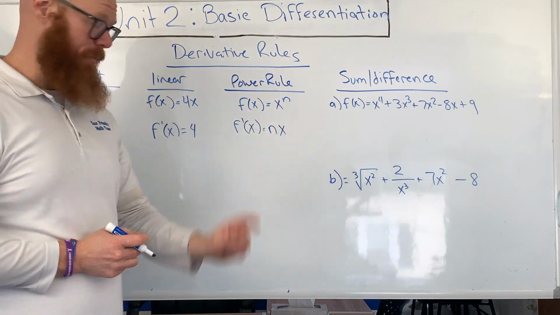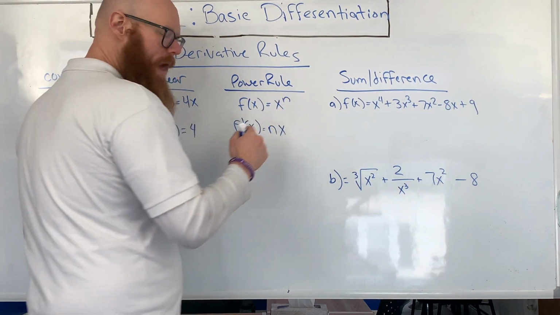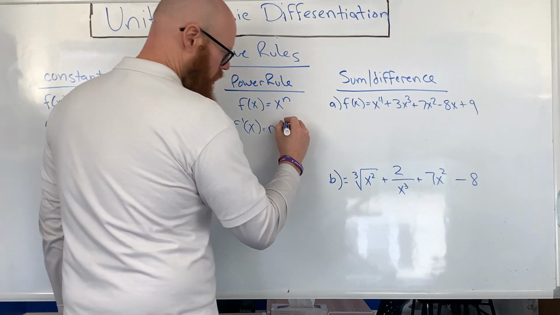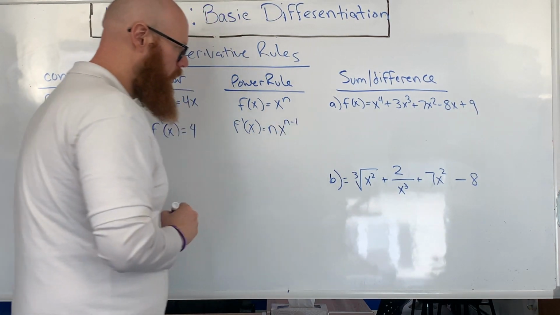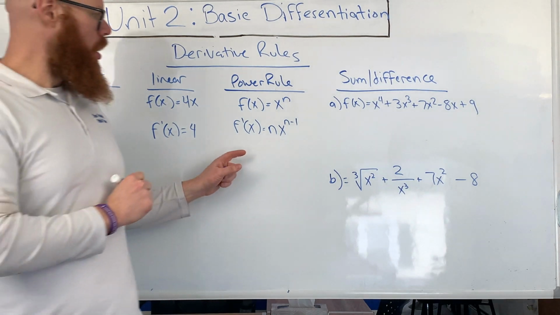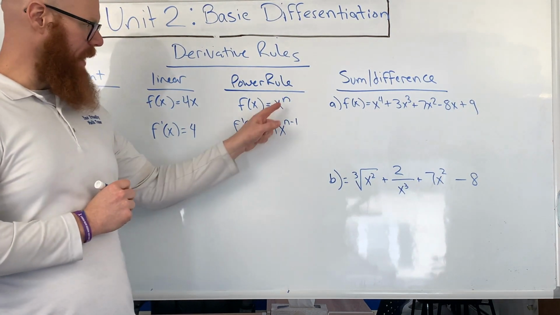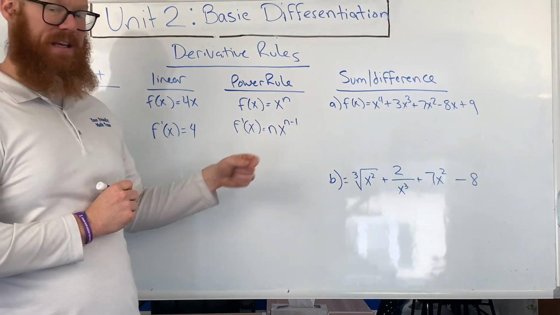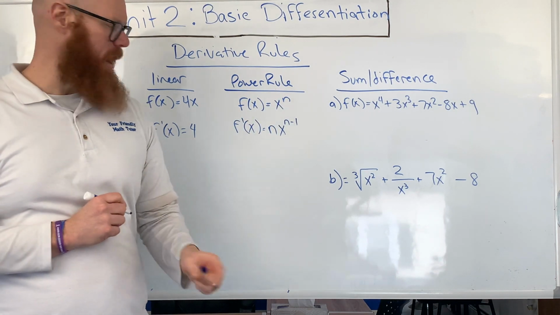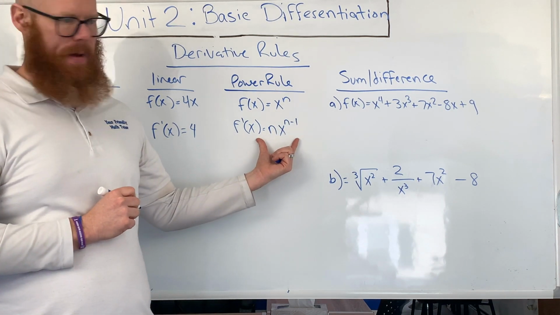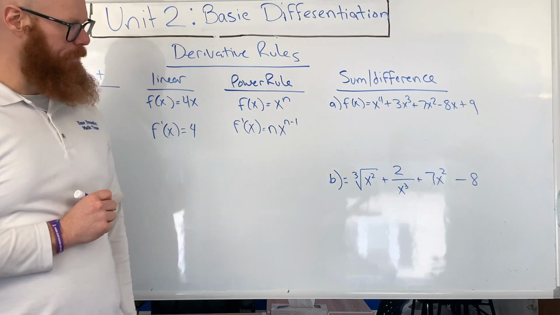And then the new exponent reduces by exactly 1, so it becomes n minus 1. So anytime you have x to a power, the power becomes the coefficient or gets multiplied by whatever coefficient is there, and then you lower the power by 1. This works for every single power, and we're going to see that in our examples.